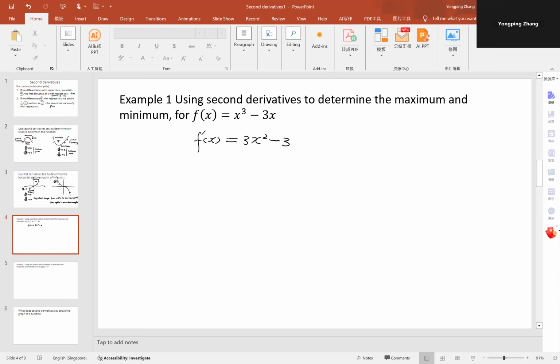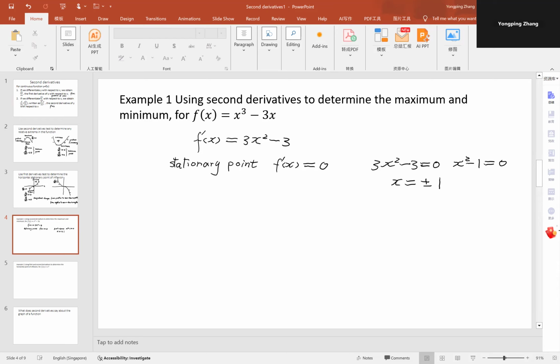For the stationary point, f prime x equals 0. So 3x squared minus 3 equals 0. x squared minus 1 equals 0. We get x equals positive or negative 1.